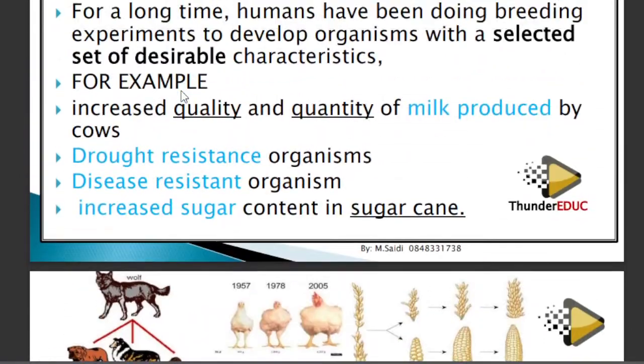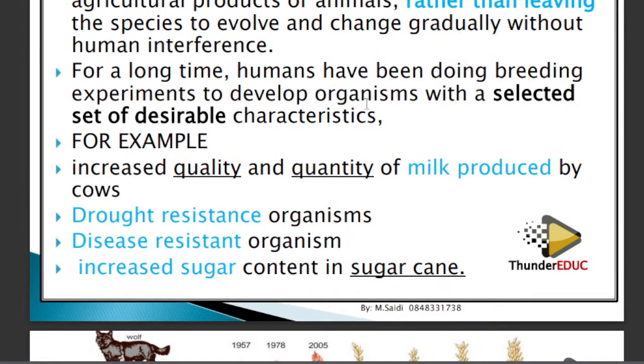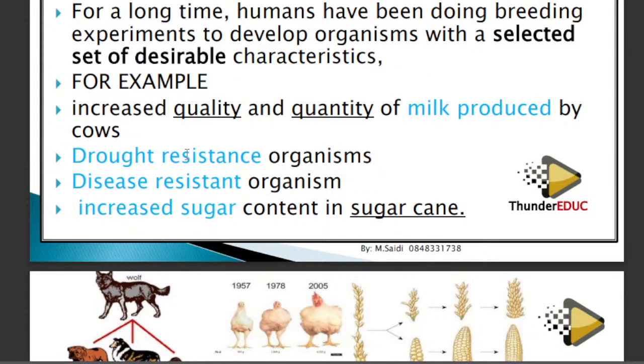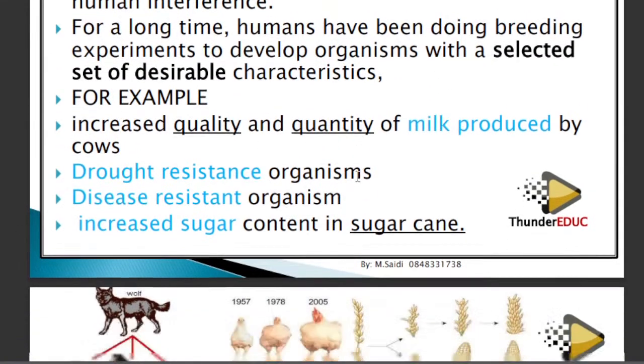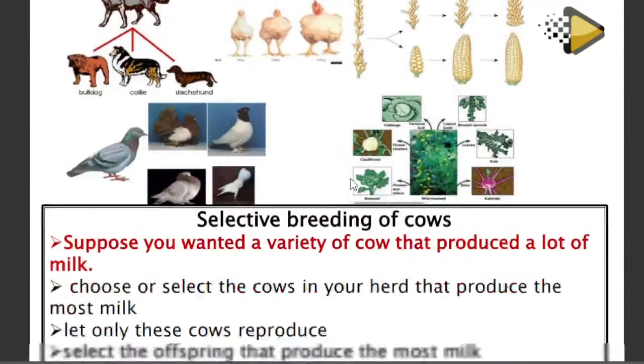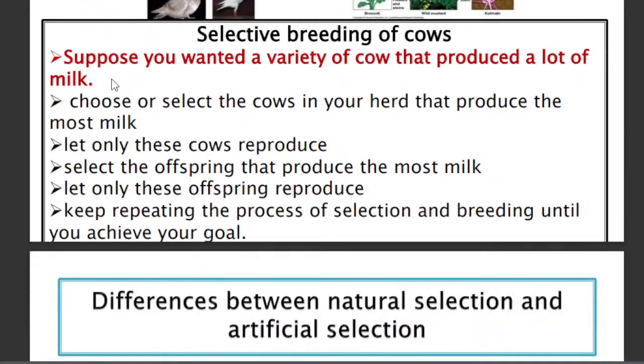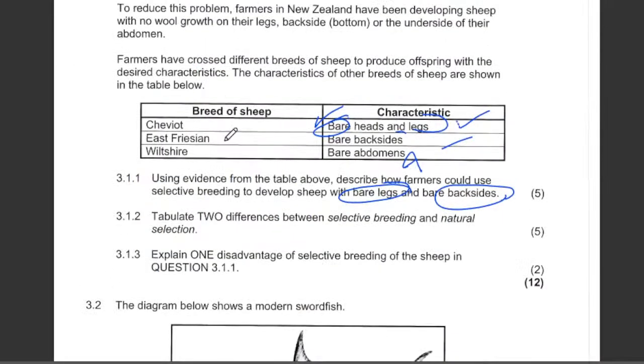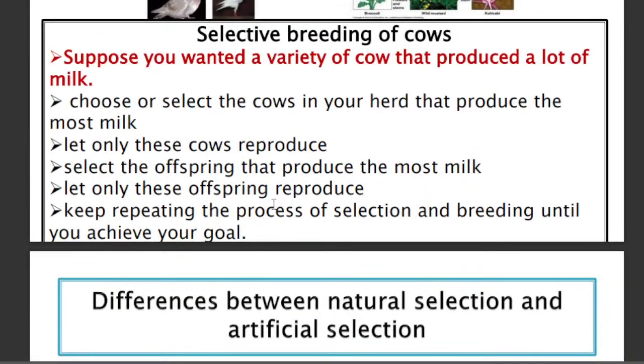So what happens is, this is what you can say. For example, to increase the quality of cows, suppose you want a variety of cow to produce a lot of milk. Now in this case, suppose you want to have this sheep with these characteristics they are looking at. You see, now you are writing.